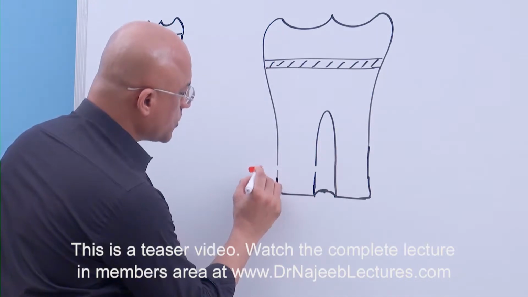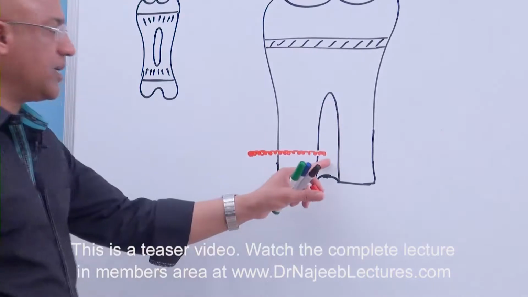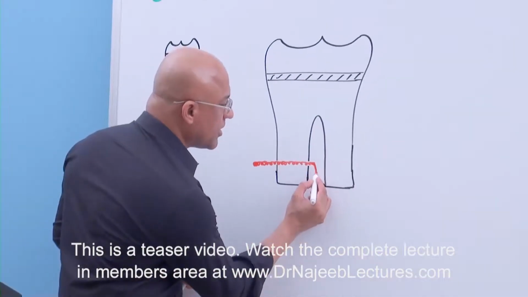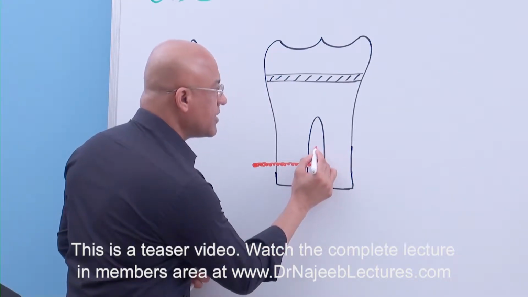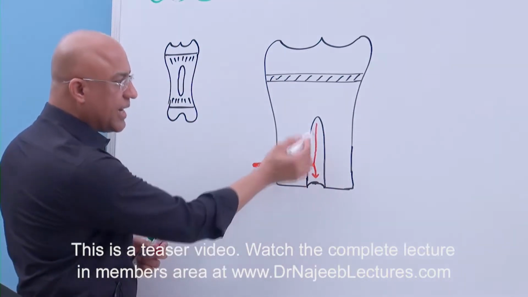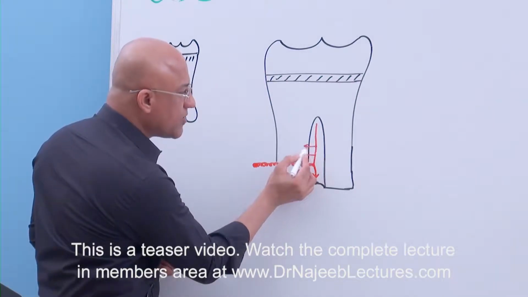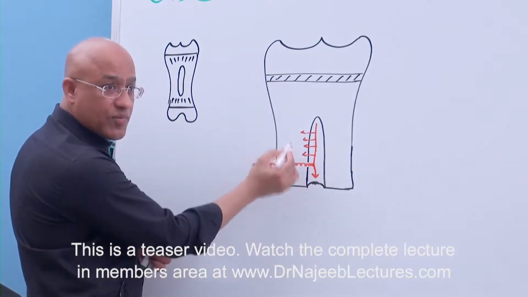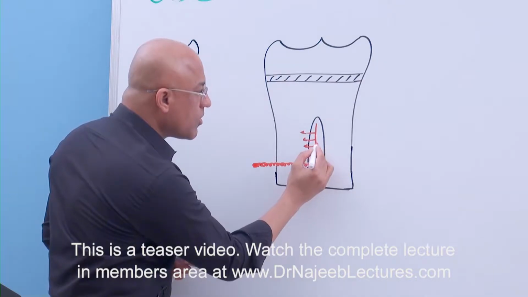Suppose this is the nutrient artery and it is entering the bone and reaches, which area is this? Medullary cavity. There it divides into two branches, descending and ascending branch, right? Now from this descending branch and ascending branch, some vessels are entering into what? They are going to the cortex of the cortical bone, and others are going to, what is this?